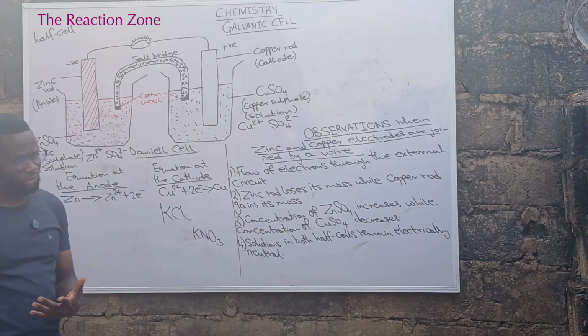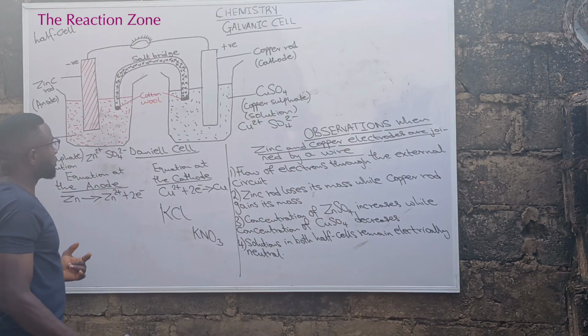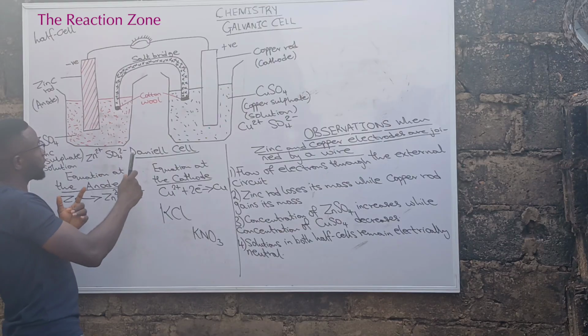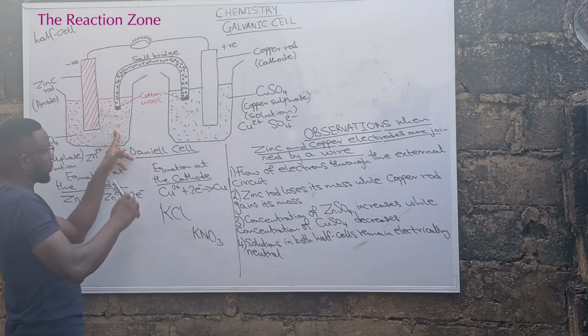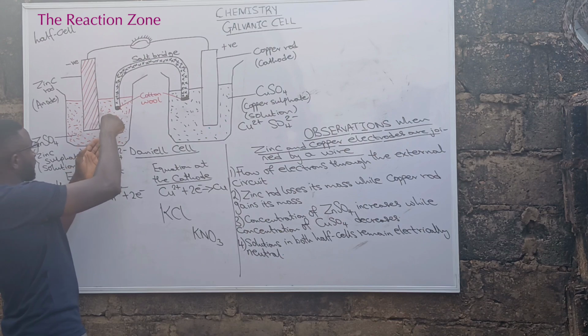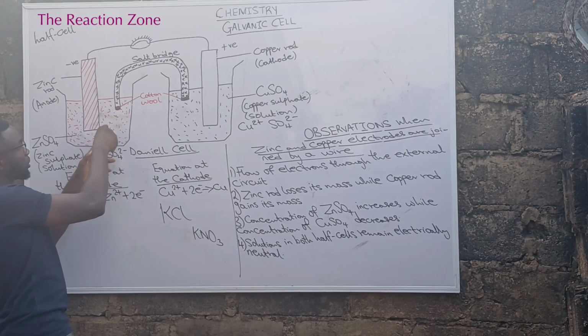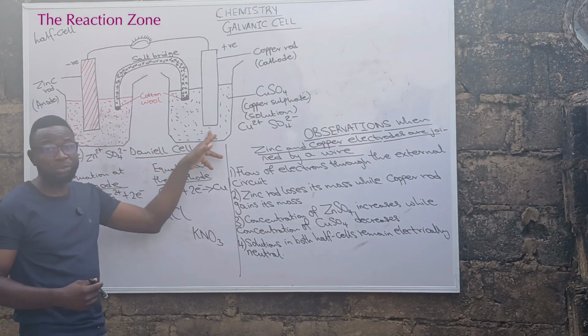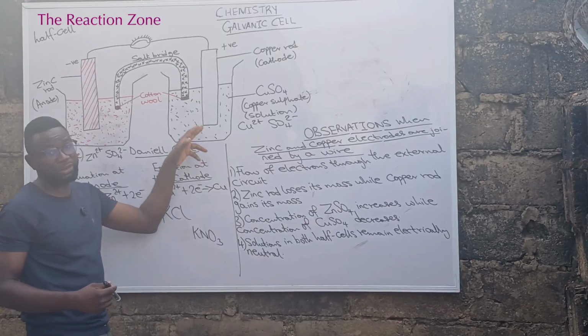Another thing that it does is that it prevents the direct mixing of these two solutions. So it ensures that the solution in this half cell, which is zinc sulfate, does not mix with the solution in this half cell, which is copper sulfate.